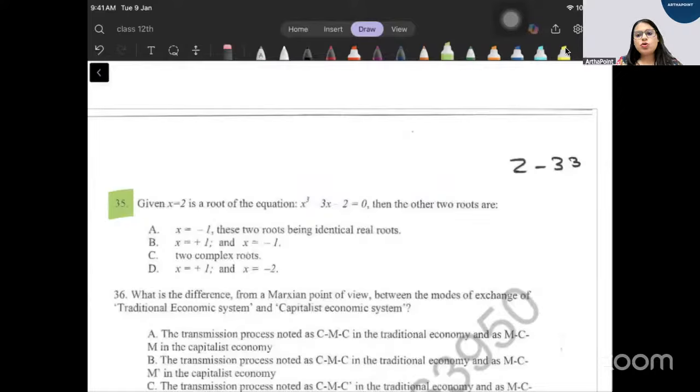As I have always told you, please keep your pen and paper ready. There is no point in just sitting like this thinking that ma'am will solve it. Then you are not doing anything in class. It's high time that you start solving the questions.